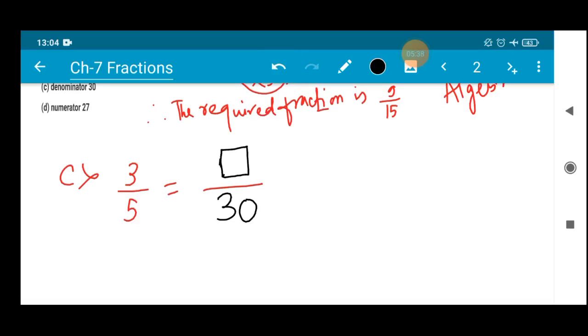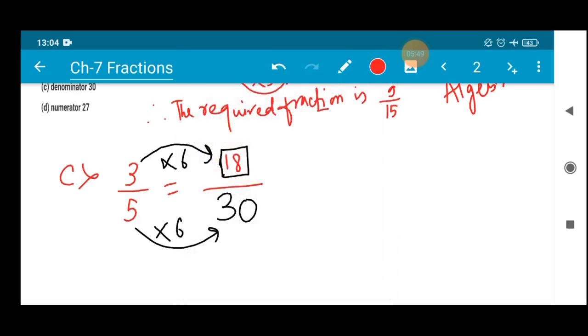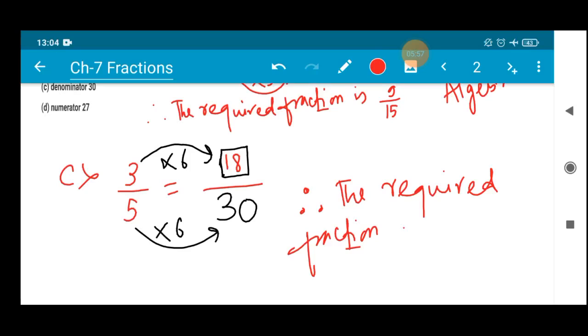Alright, so this is the box here. So to reach 5 to 30 we will multiply with 6, and to get the value of this box we will multiply with 6. So 3 6s are 18, the required numerator is 18, isn't it?